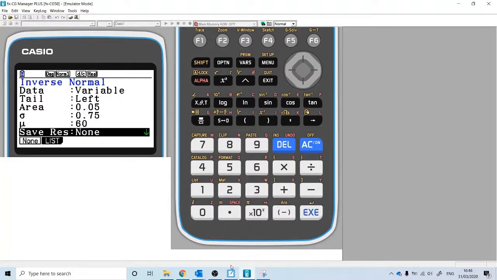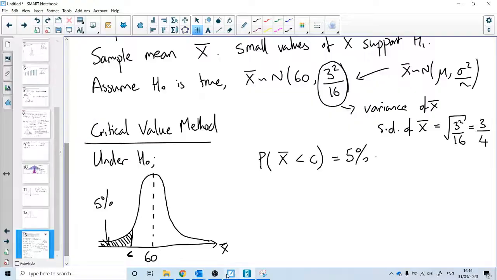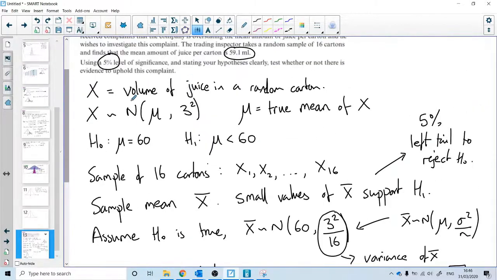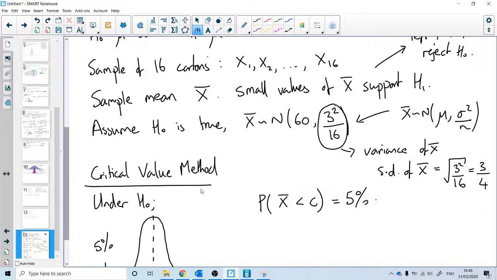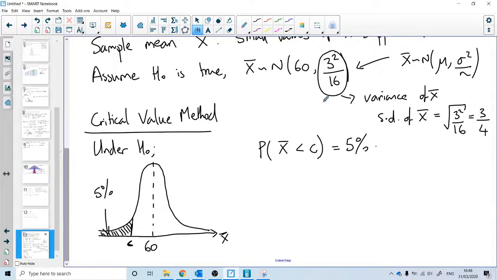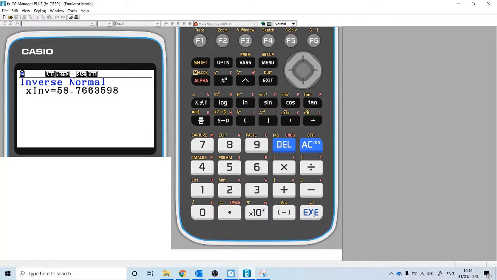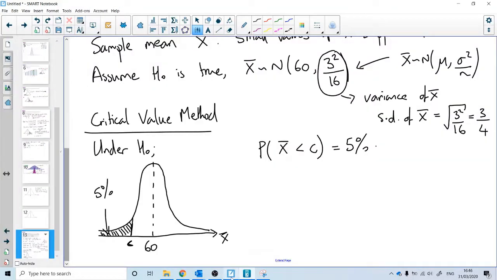So don't get confused with the standard deviation here. Here we're sketching the distribution of x bar because that's the data that we've got to test this. We're not bothered about this distribution of x here. So we're using this variance. If we work that out, we get 58.77.